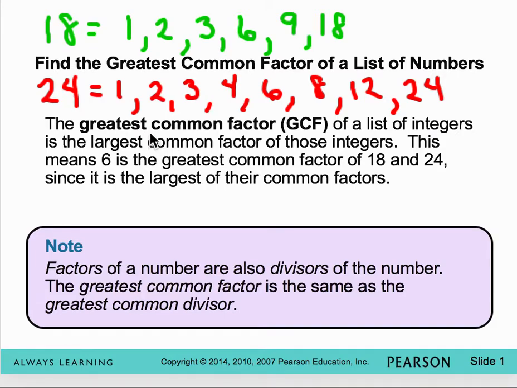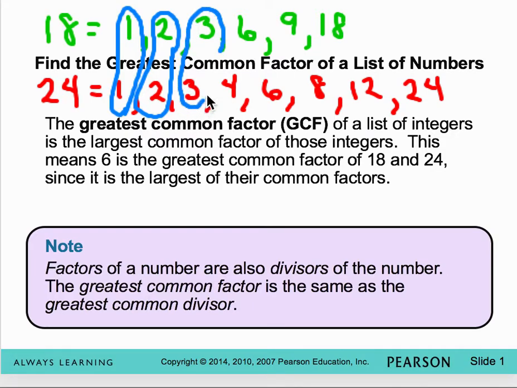If we're talking about common factors, of course 1 is a common factor. 2 is a common factor. 3 is a common factor. And 6 is a common factor. The greatest common factor of 18 and 24 is 6. It's the biggest one they have in common.